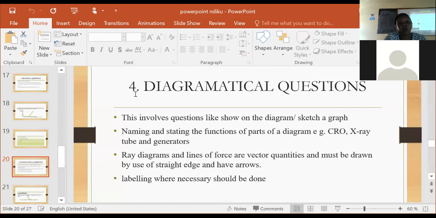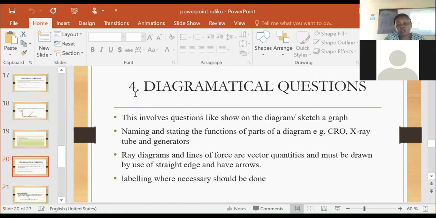We also have the ray diagrams. When you are drawing the ray diagrams, it's good to note that the lines must be drawn using a ruler or a straight edge, and they have arrows. If you don't indicate with arrows, then those are just straight lines.